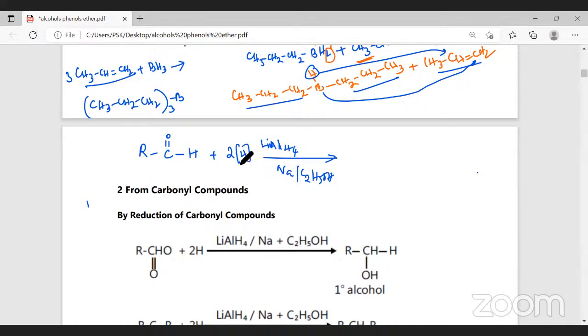It gives you nascent hydrogen. When it gives nascent hydrogen, what happens?